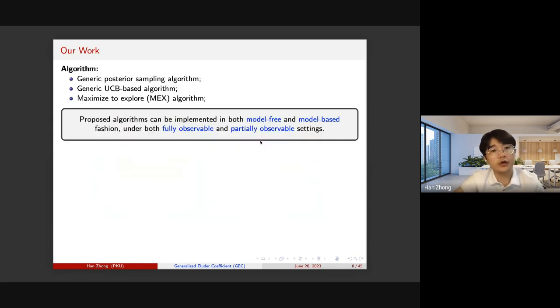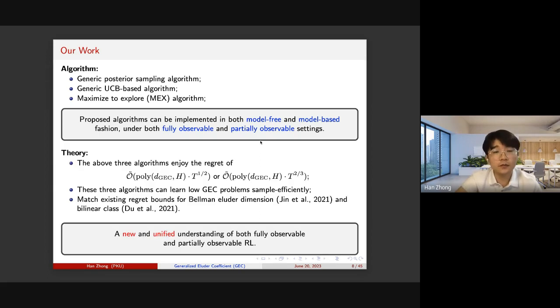In terms of algorithms, we propose three algorithms: a generic posterior sampling algorithm, a generic UCB-based algorithm, and a maximize-then-explore algorithm. I want to emphasize that the proposed algorithms can be implemented in both model-free and model-based fashion under both fully observable and partially observable settings.